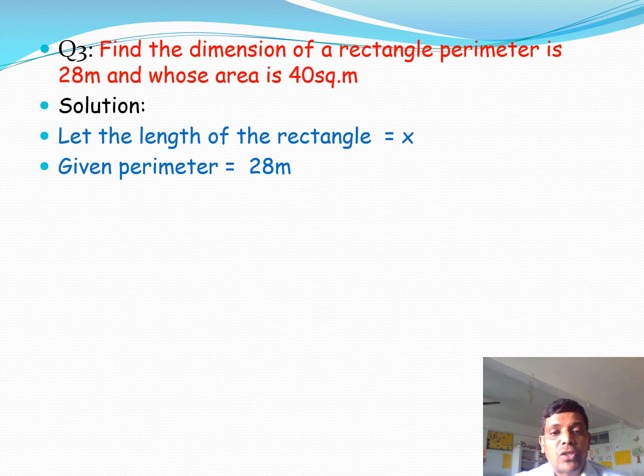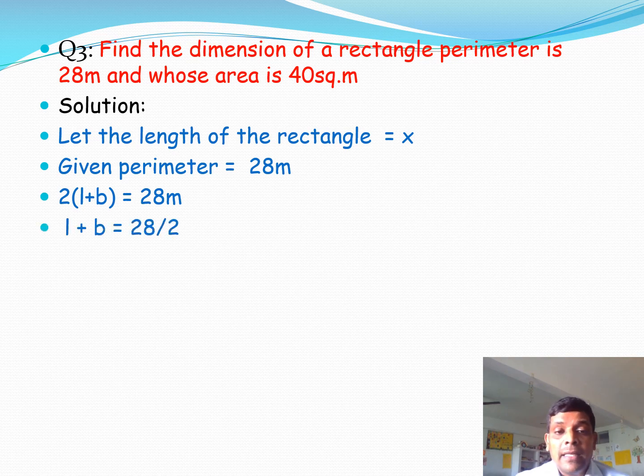Given perimeter equals 28 meters. The formula for the perimeter of a rectangle is 2 into (length plus breadth), means L plus B is equal to 28. This is the given condition. 2 into (L plus B) equals 28. Then L plus B, length plus breadth, is equal to 28 by 2.